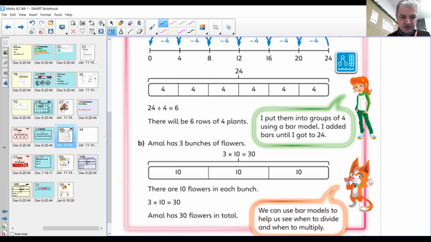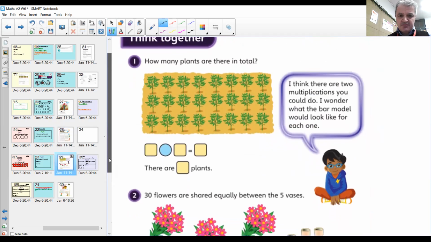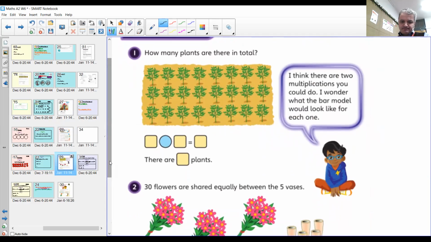Okay, let's go on to our next think together. How many plants are there in total? First of all, what are you going to count? Columns or rows? What do you think? I'm going to count 1, 2, 3. These are my columns, these are my rows. I'm going to count here 1, 2, 3, 4, 5, 6, 7, 8.